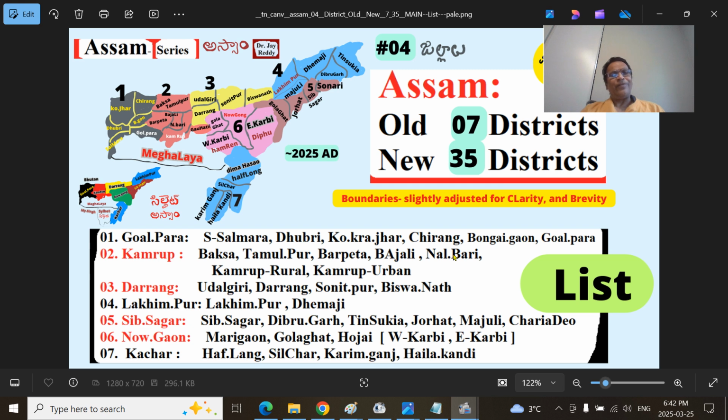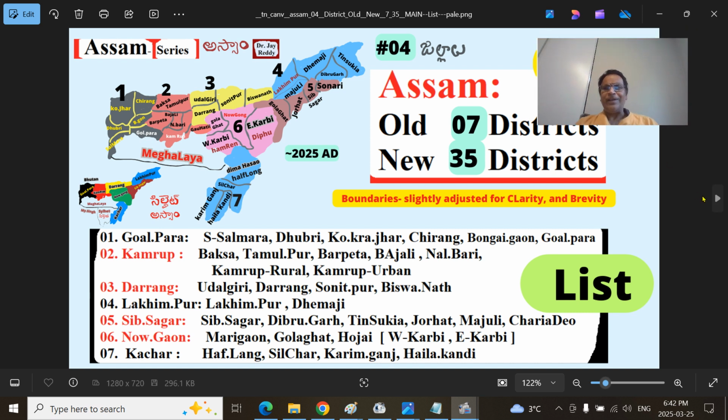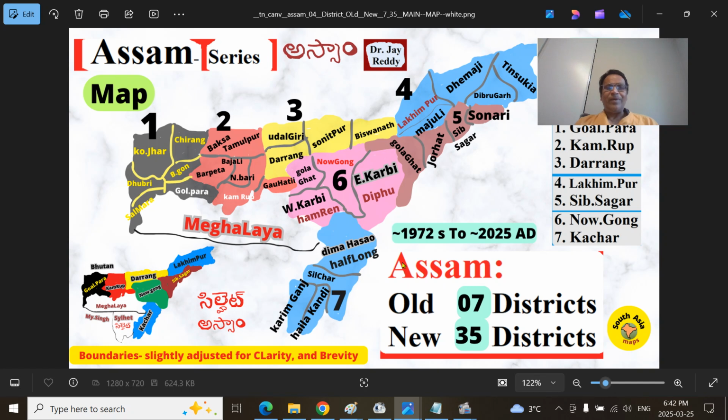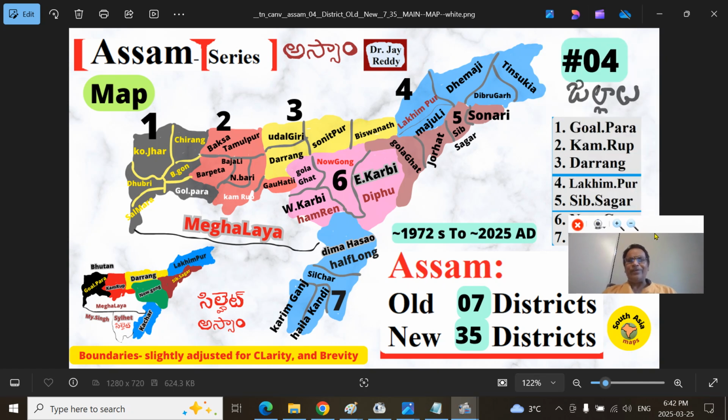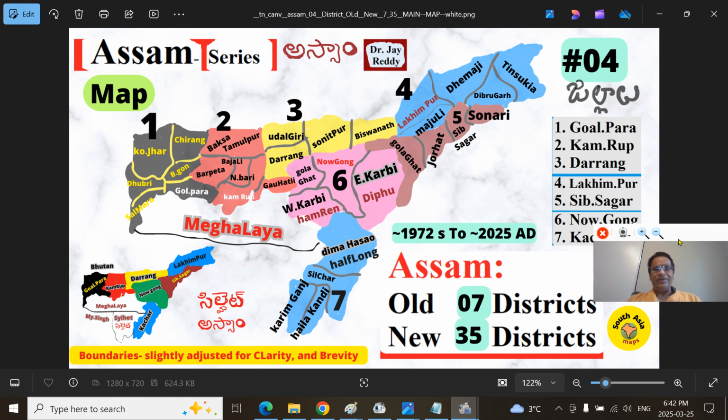How the fascinating change from 7 to 35 districts happened, I will take the whole 7 districts, and here I might have dropped Sylhet for convenience, and you will get a deeper, broader idea of this fascinating land. This is the map of Assam with 7 districts; currently, in 2025, 35 districts.